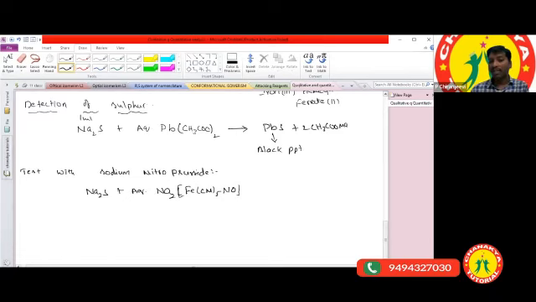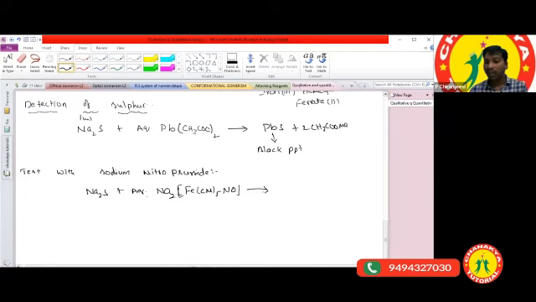When the Lassaigne extract is treated with the aqueous solution of sodium nitroprusside, it gives a violet color. Whenever you get a violet color, that indicates the presence of sulfur.